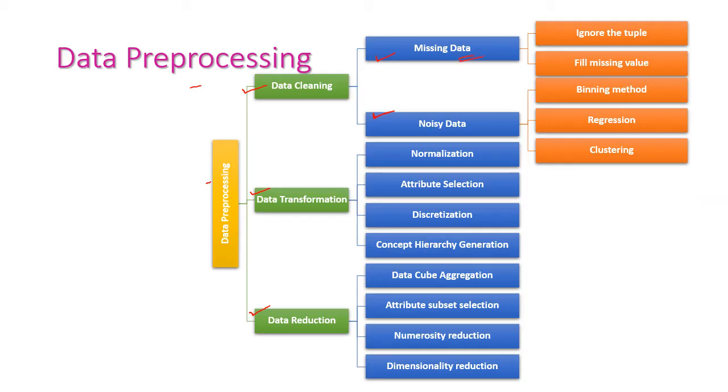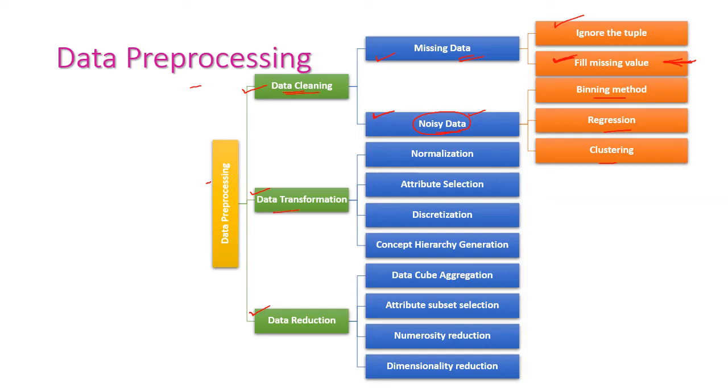For missing data, sometimes we ignore the tuple or fill the missing value. For filling the missing value, there are different methods. For noisy data, binning, regression and clustering methods are there to identify and remove the noisy data. So this is data cleaning.